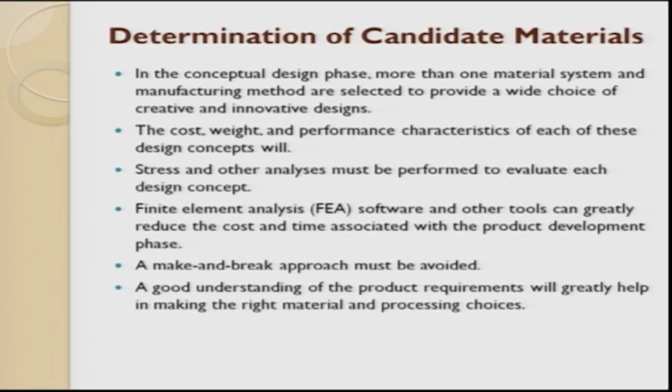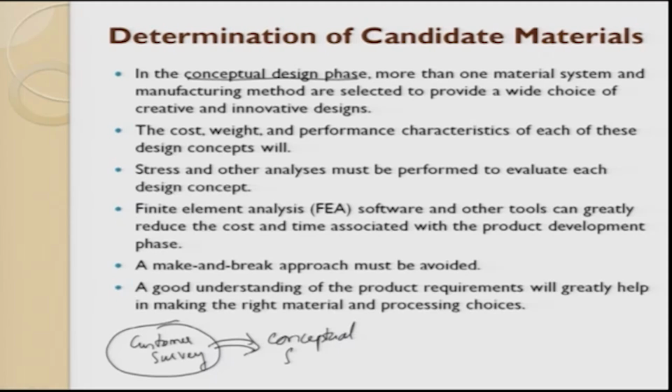So, determination of a candidate material. In the conceptual design phase, more than one material is considered. After you do a customer survey, a designer tries to develop a conceptual sketch, a conceptual design. Here he puts in all the functions and gives a very rough shape.